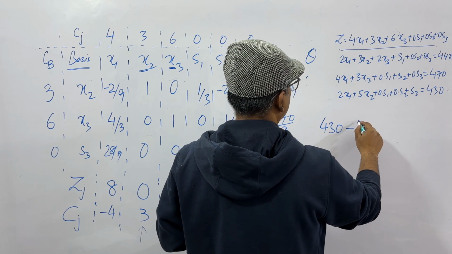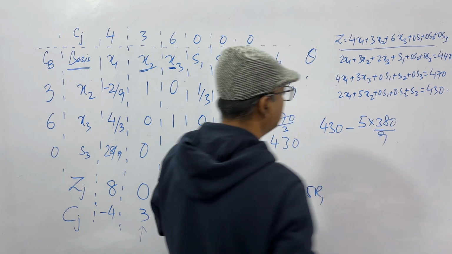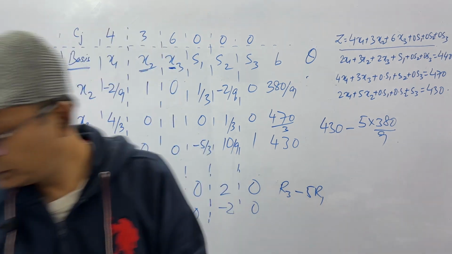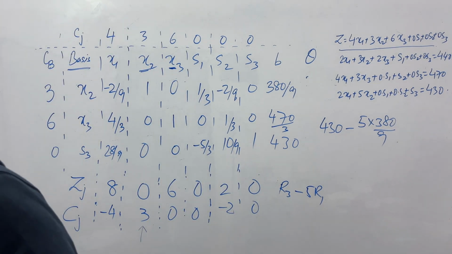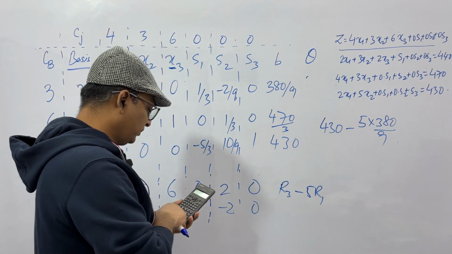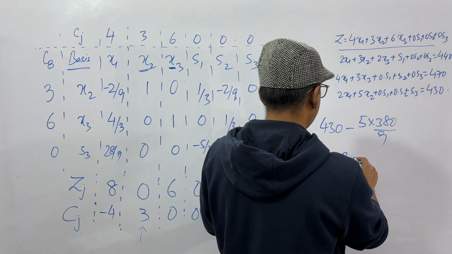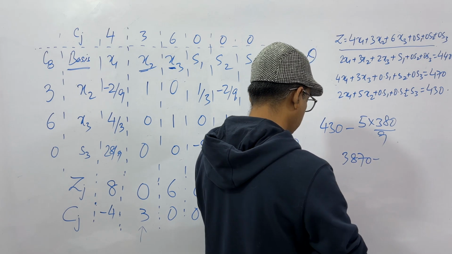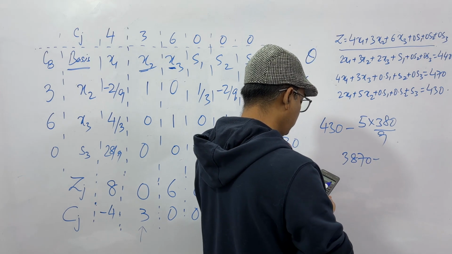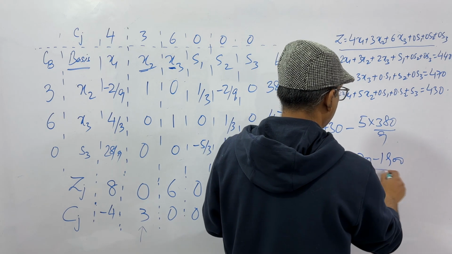430 minus 5 into 380 by 9. Okay, so let's do it. So this will be 430 cross 9, that is 3870, minus we have 380 into 5, that is 1900, by 9.